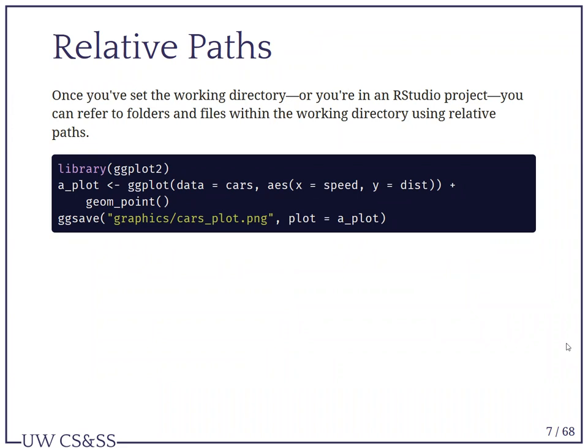For instance, let's say we load ggplot2 and we make this plot using the cars dataset, and we want to save it. Instead of specifying C:// OneDrive, what have you, you can just say relative to your working directory, I want to put it in the graphics folder and name it this. And RStudio will know that you mean relative to the folder that you're in. Go to the graphics folder there and save it.